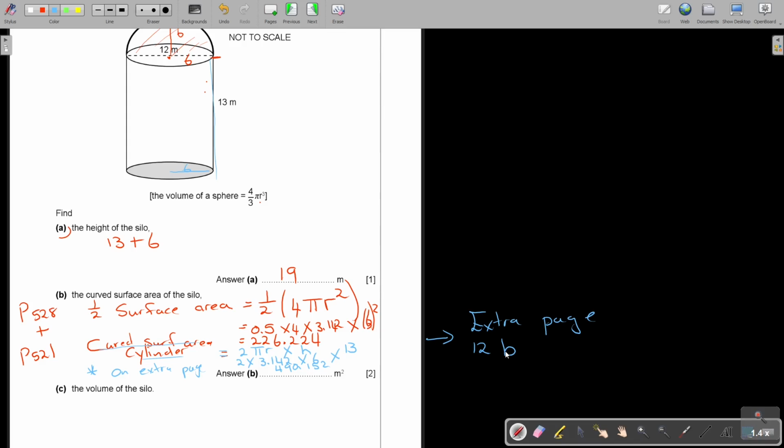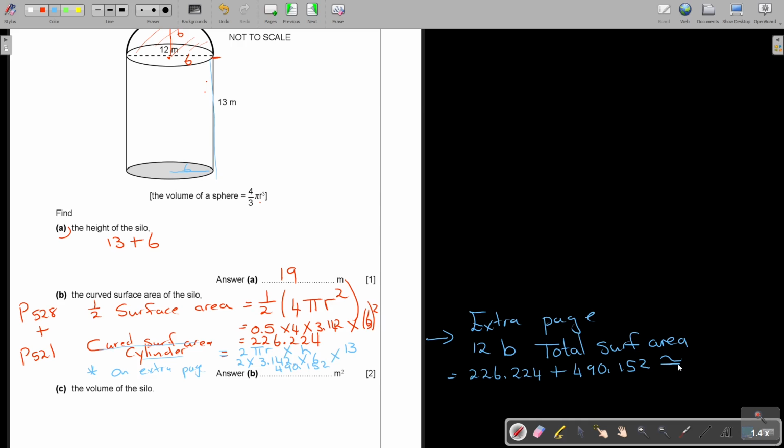Okay, so then I can just say the total surface area is now going to be 226.224 plus 490.152. And if I approximate it to three significant figures, I will. As I said, it's always better to first write down the full calculator display. And let me just do it.